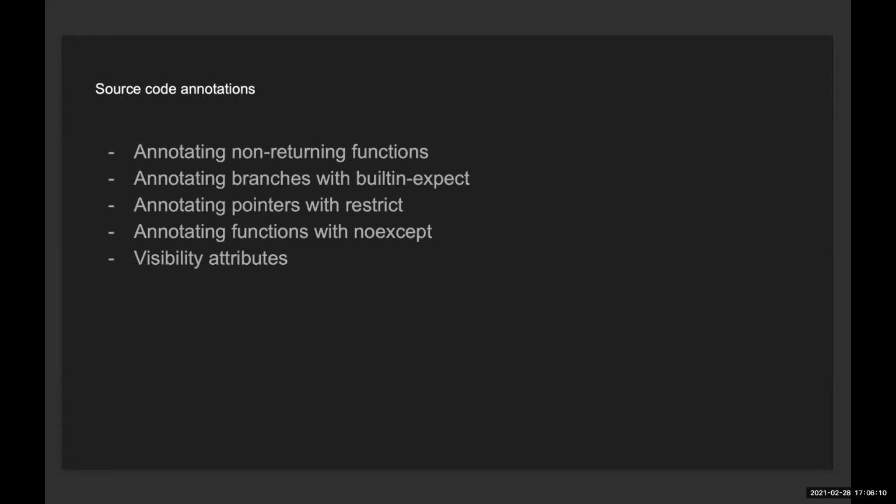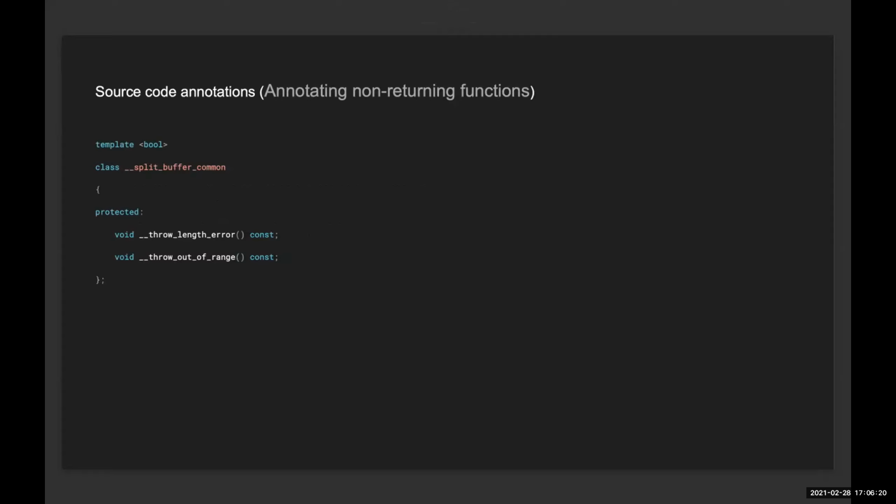If the compiler knows about it, it can assume that that piece of code is cold and generate better code. One example in the C++ standard library is there are 2 functions, throw length error and throw out of range. These are the functions that are called when, let's say, we do a push_back on a vector and there is not enough memory. So we can get one of these errors.